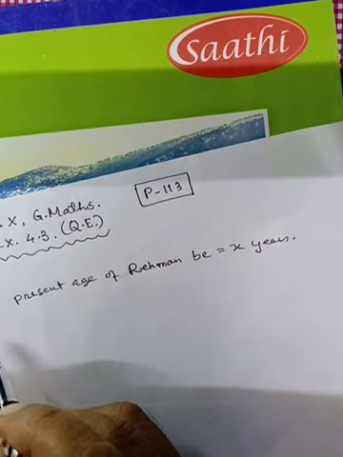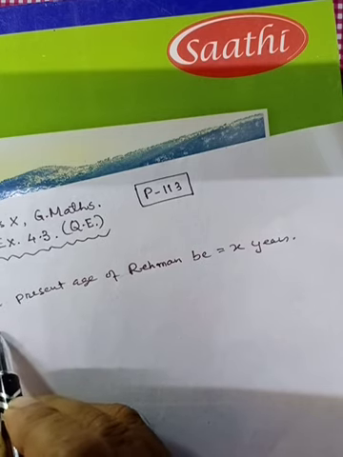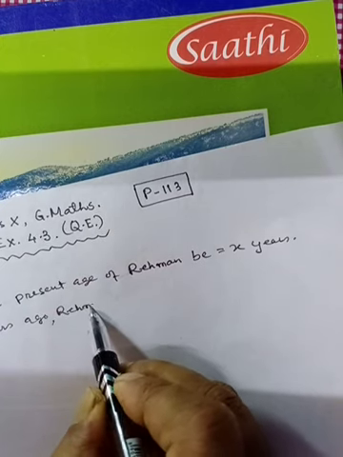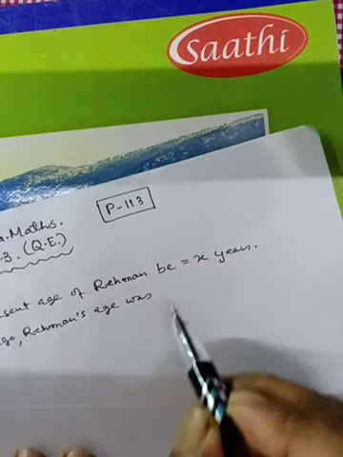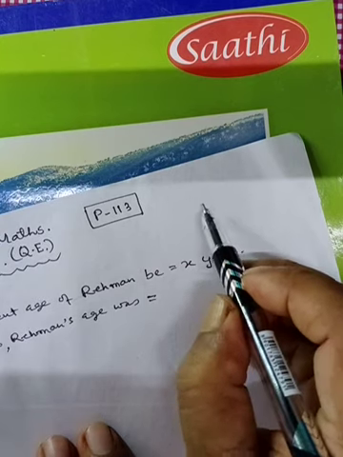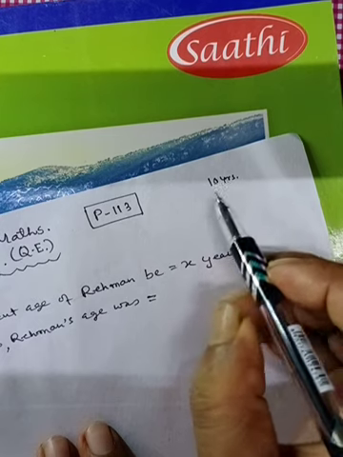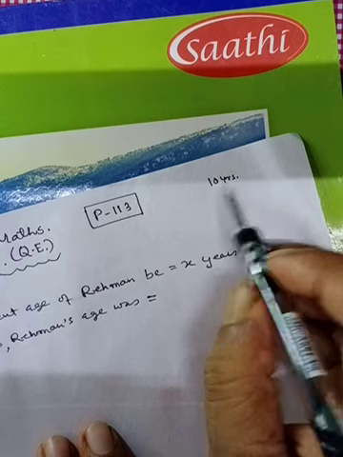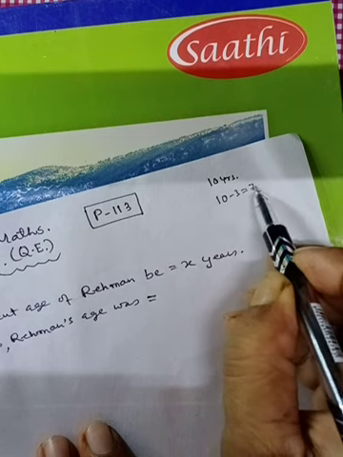So therefore, 3 years ago Rahman's age was... Suppose the present age of Rahman is 10 years, then 3 years ago his age was 10 minus 3, that is 7 years.